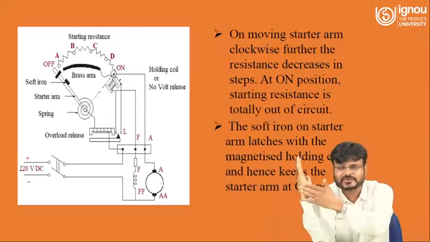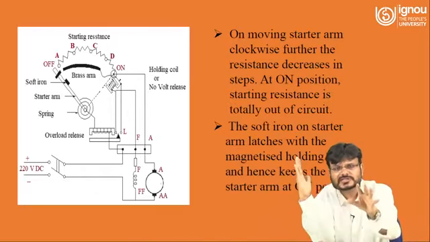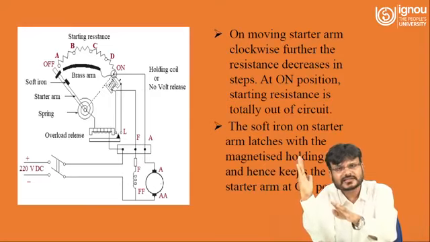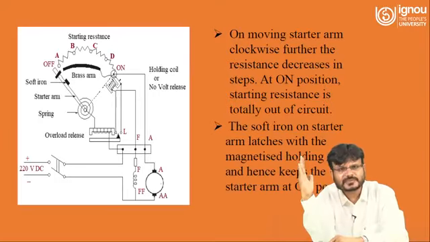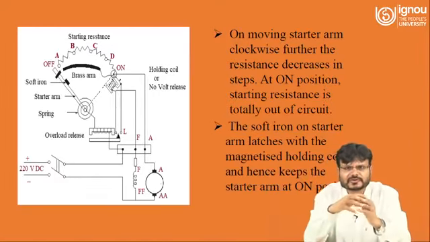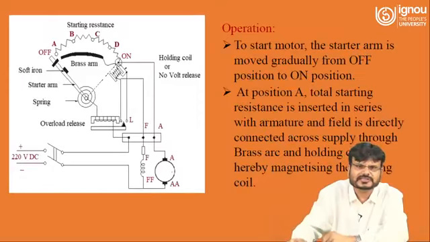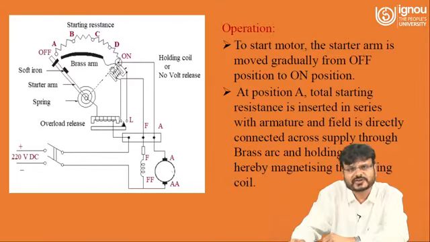So what is happening at the on position? The whole resistance is disconnected from the armature of the DC motor. The soft iron on the starter arm latches with the magnetized holding coil and hence keeps the starter arm in the on position.